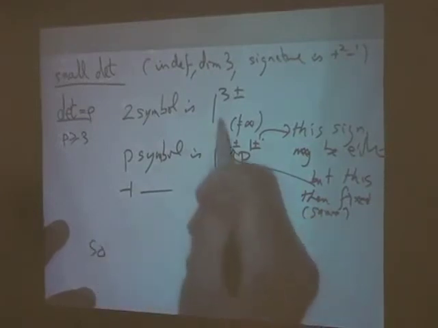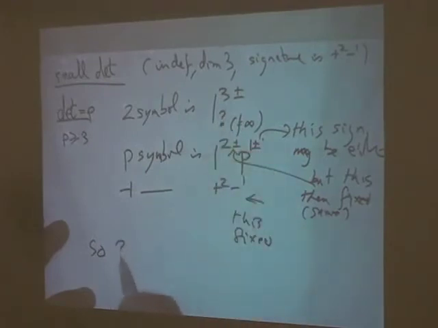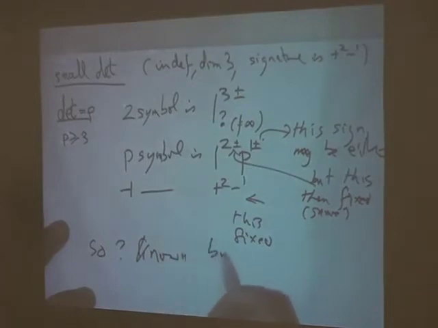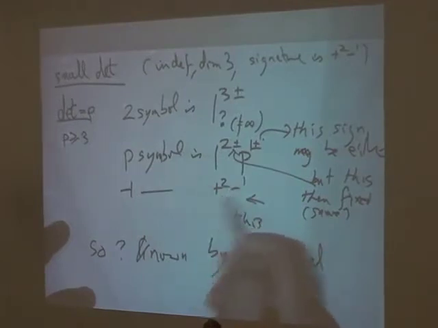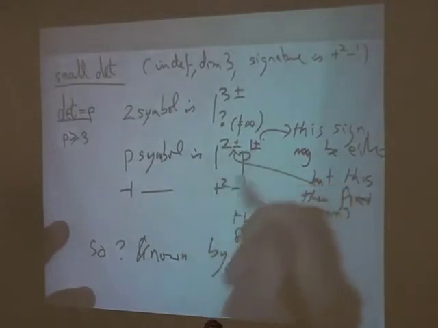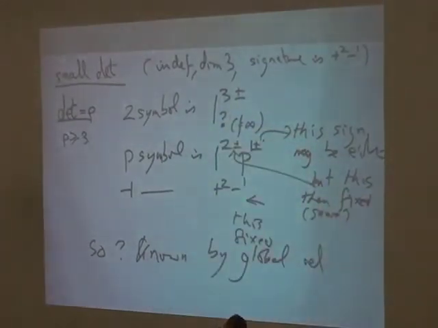So the thing that we call question mark is known by the global relation. The global relation says that the sum of the p-excesses over all p is 0 mod 8. We know the p-excess for here, and we know the p-excess for here, so we know it there. So we don't need to bother to specify it.